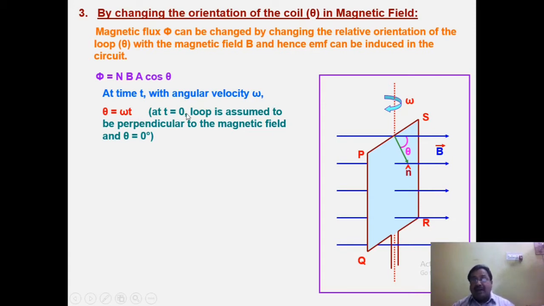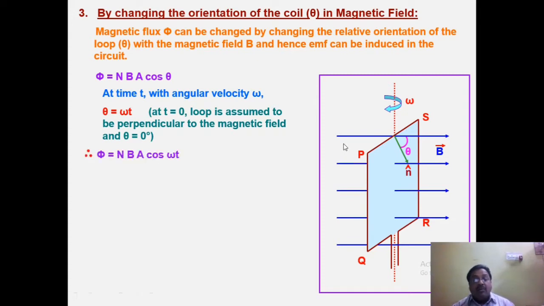In the beginning, as I told you, at t equal to 0, the loop is assumed to be perpendicular to the magnetic field, and at that time theta equals 0. After it rotates through an angle theta in time t, this position we are showing is the new position after time t.